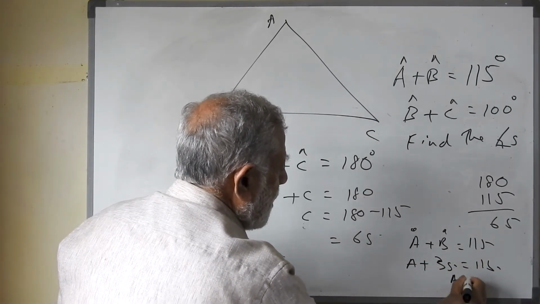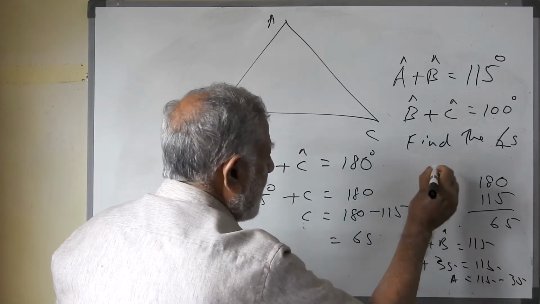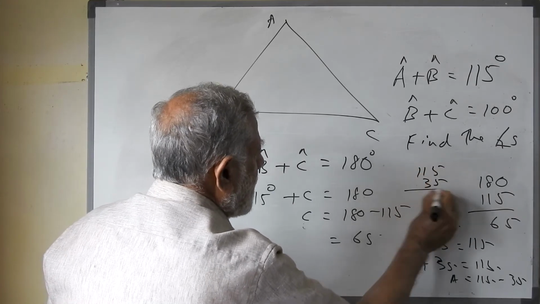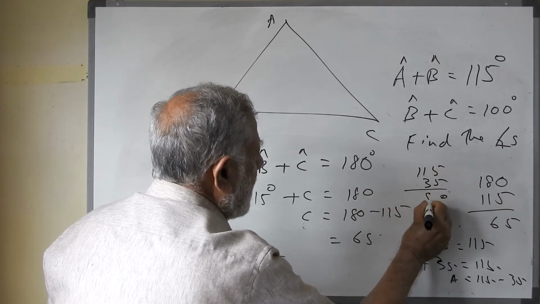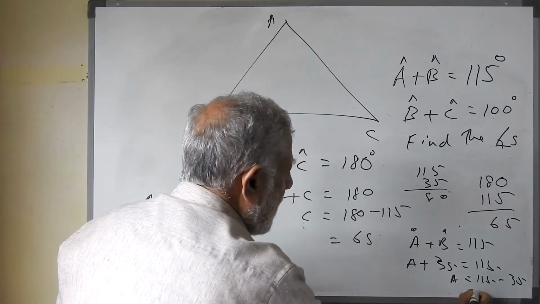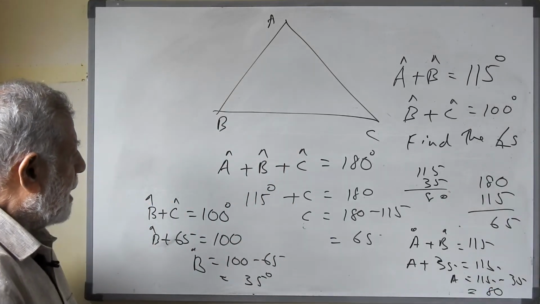So A is equal to 115 minus 35. So be very careful when adding and subtracting. You can always write it and do it. So 80. So A is equal to 80 degrees.